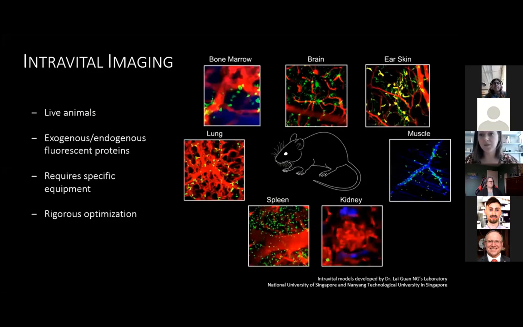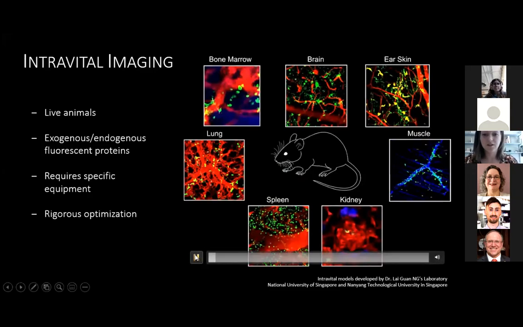And one of the reasons that people do this is for something called intravital imaging. So if you wanted to look at how the lung or the brain or kidney dynamics were inside your mouse, but you don't want to remove the organ because then it has to be fixed and dead, you can do something called intravital imaging.